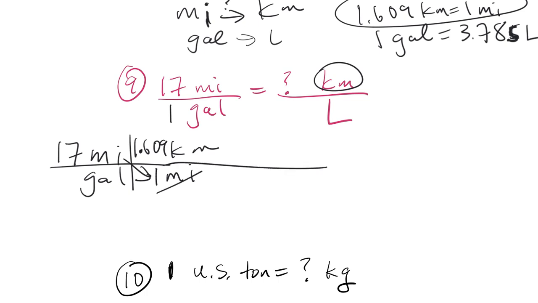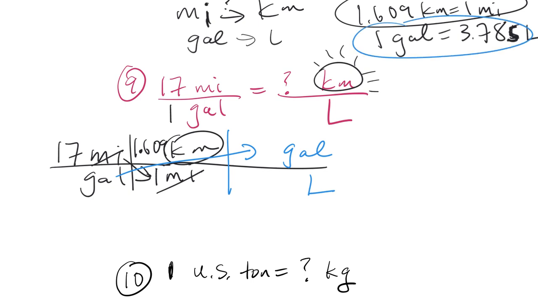Okay, so the miles cancel out, leaving me kilometers, which I want, so I'm going to leave that alone. So the next thing I do is bring gallons to the other side and change it to liters. From the conversion factor that I found on the table, 1 gallon is 3.785 liters. So the gallons will cancel out, giving me kilometers per liter, which I want.